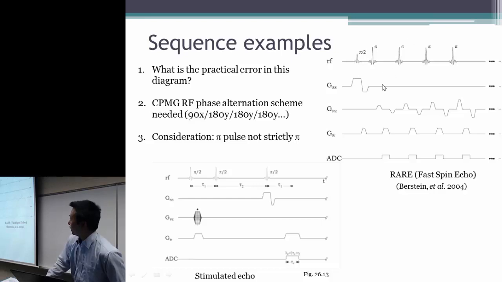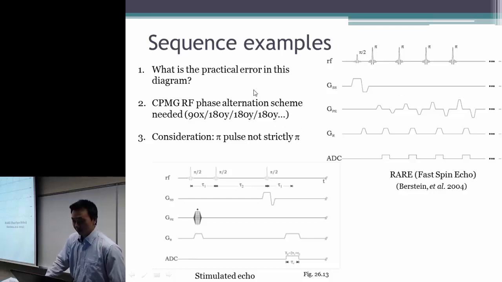Okay, so we have this slice selection here, but we are missing all those slice selection gradients for the refocusing process. Normally you do not do slice selection and then do the non-selective process.